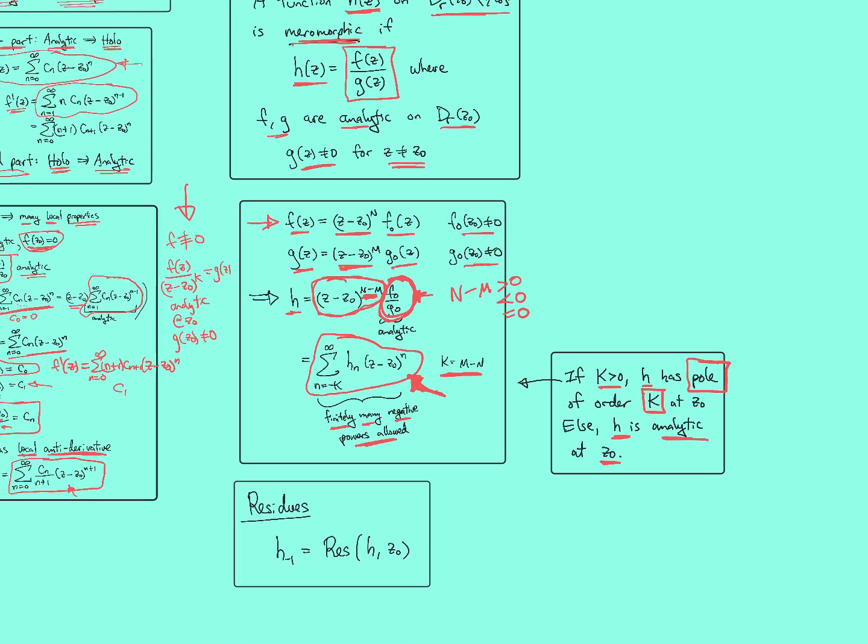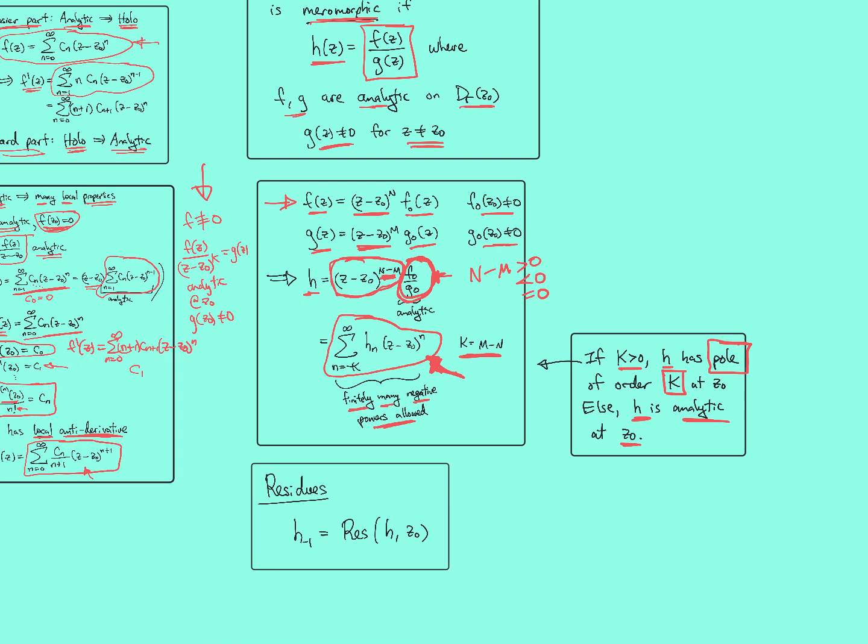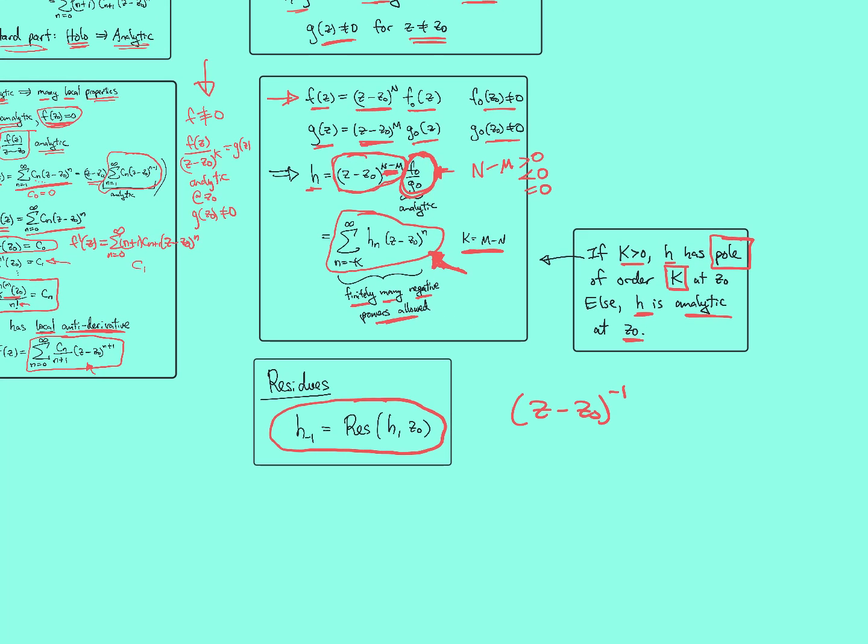Okay, and now we can introduce this humble-looking definition that will be very important later on: for a meromorphic function, we have a special name for the coefficient of this term in its series expansion. So up above, h here could start out at minus k and have some coefficients with negative powers. And then we get to this term that's just to the -1 power.